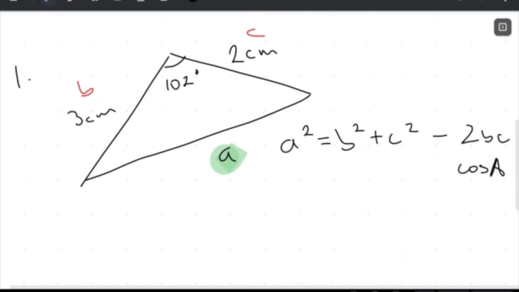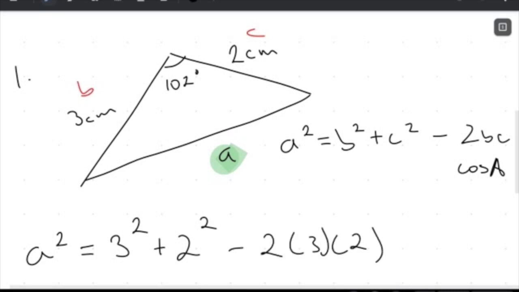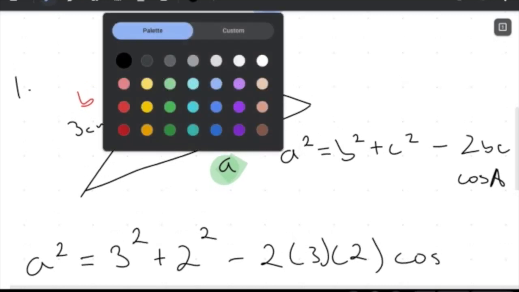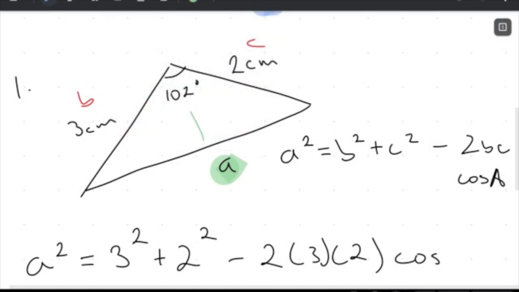Okay, now let's actually substitute this stuff in. For my a squared, that's my unknown, I'm going to write that here. I'm going to put 3 instead of b, and 2 instead of c. So I get 3 squared plus 2 squared minus 2 times 3 times 2 times cos of the angle that is opposite my unknown side.